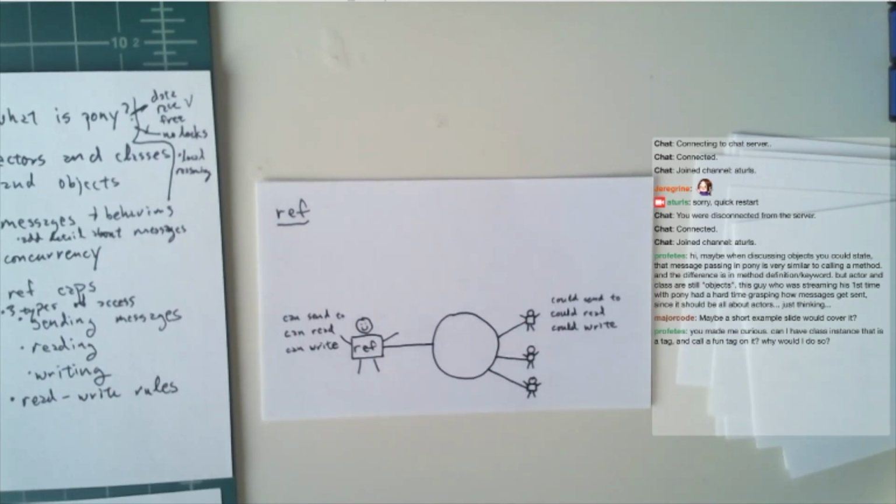So I've got a question here. You made me curious. Can I have a class instance that is a tag and call a fun tag on it? Why would I do so? You could have a class instance that's a tag. You could call a fun tag on it.